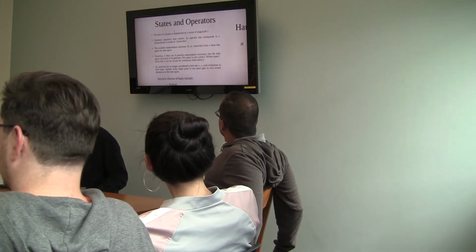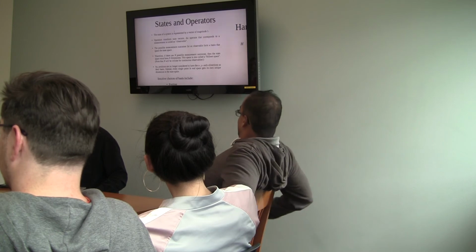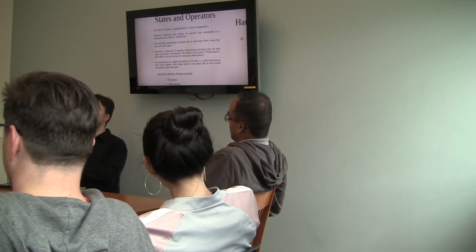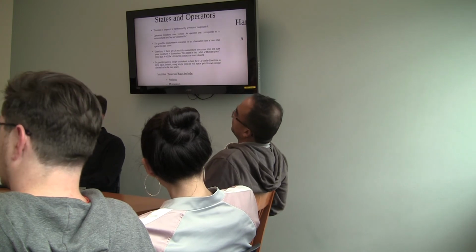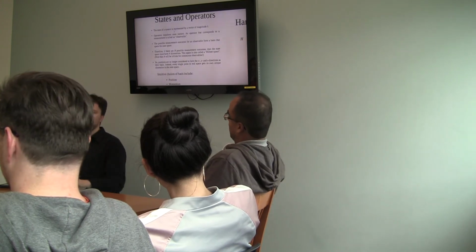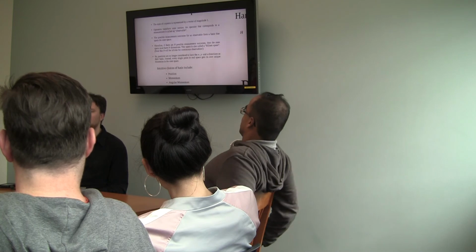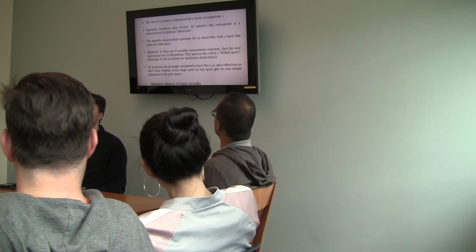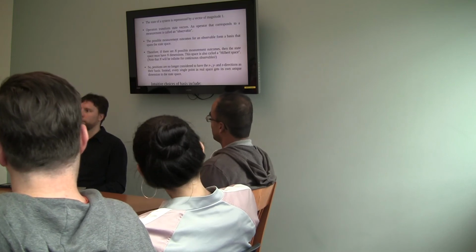So the main idea in quantum mechanics is that you have states and you have operators on those states. And the states are represented by a vector, as we were just talking about vectors, and the vector will have a magnitude of 1.